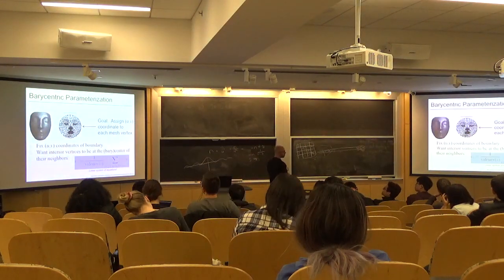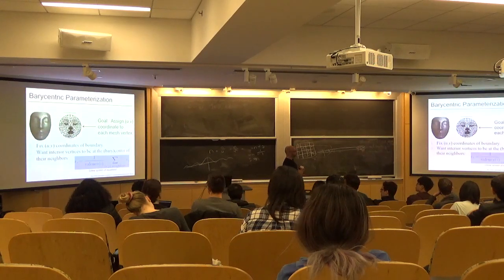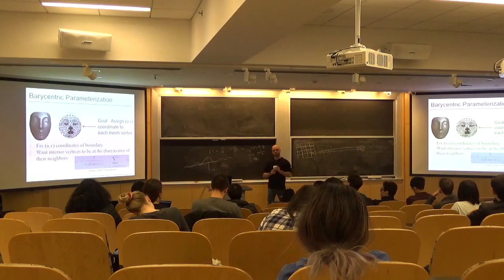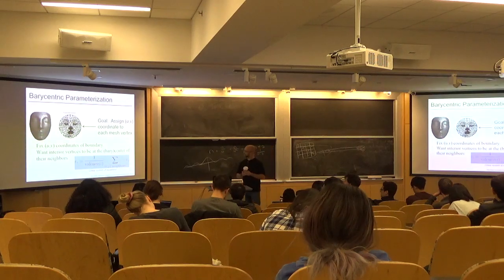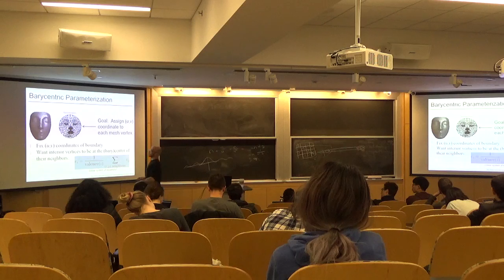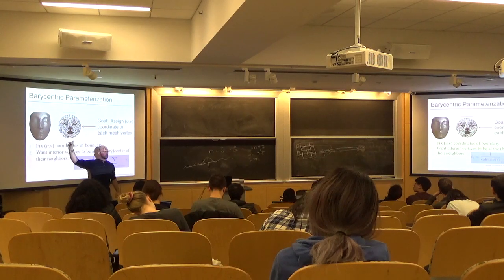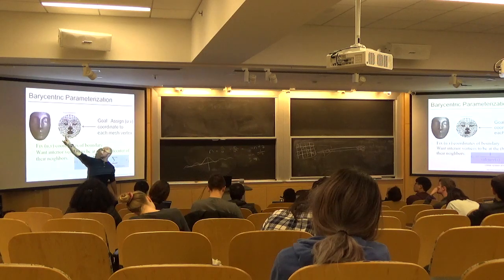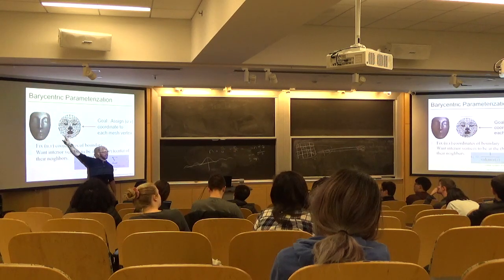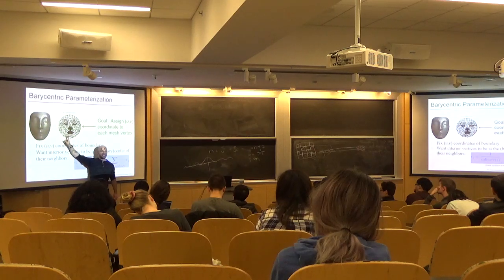Right, a more modern pipeline, which is still pretty easy for texture coordinates, is to use barycentric parameterization. This is an algorithm we'll cover in detail in my course in the spring, but roughly, once you have the boundary of a UV map, one reasonable thing to ask might be that every internal vertex is the average of its neighboring vertices. Do you guys get the philosophy here?